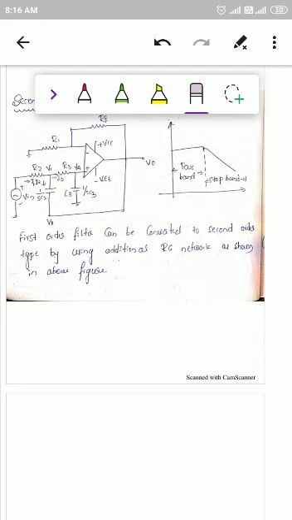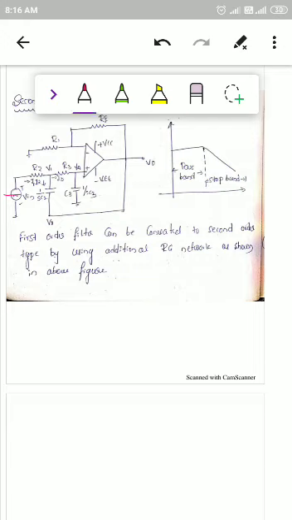Also you can see here, the current I1 which is flowing is equal to I2 plus I3. Okay, this you have to remember. So here VA is the potential, which is the input to the filter circuit. So this you just have to remember to derive any of the expressions.